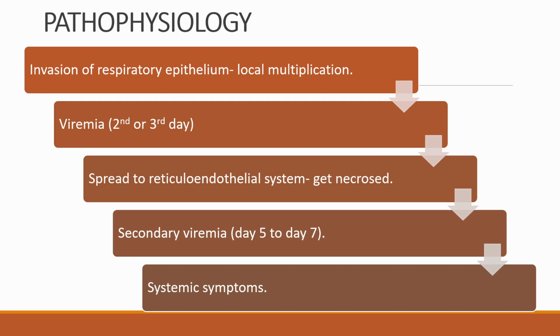The virus then spreads via lymphatic dissemination to distant sites, including lymphoid tissues, abdominal viscera, and the skin and bone marrow. Another episode of viremia occurs on the 5th to 7th day. Systemic symptoms occur with viruria persisting up to 4 days after the rash appears.